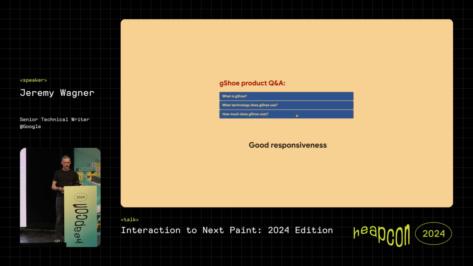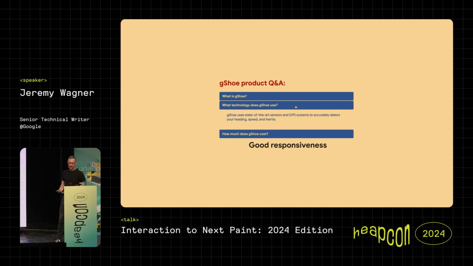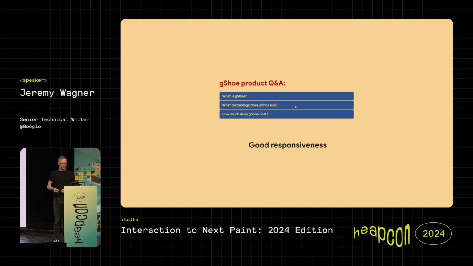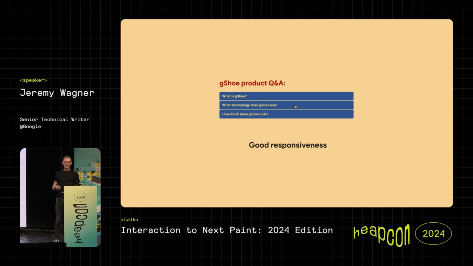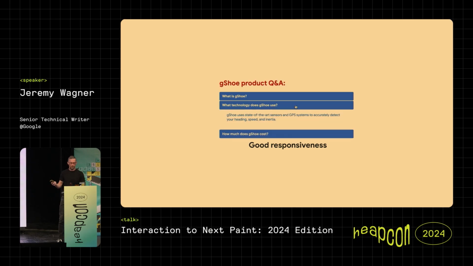So here are 2 examples of responsiveness in the form of an accordion that you may commonly see on websites. And here we see an example of good responsiveness. When the user clicks on the accordion headers, they open immediately and without delay. It feels reliable and useful without any indication that things feel broken or off.